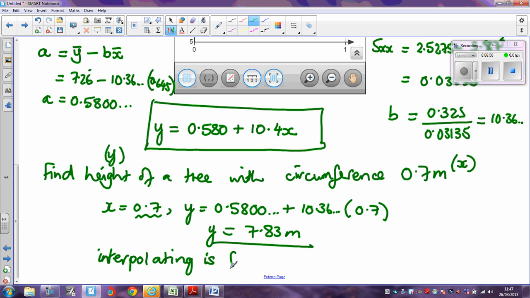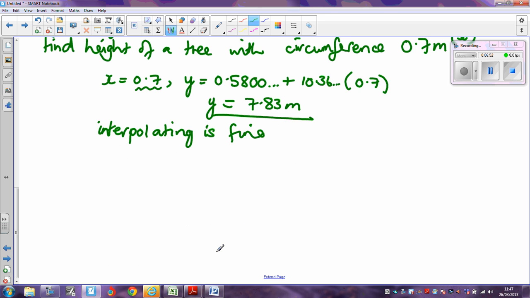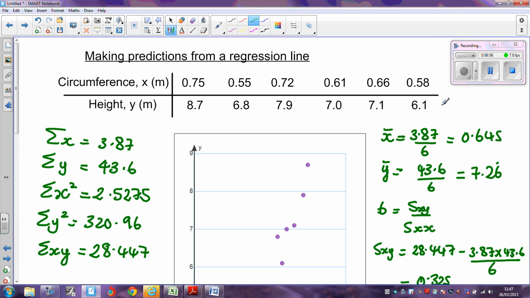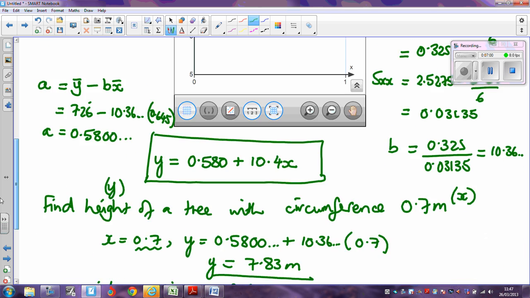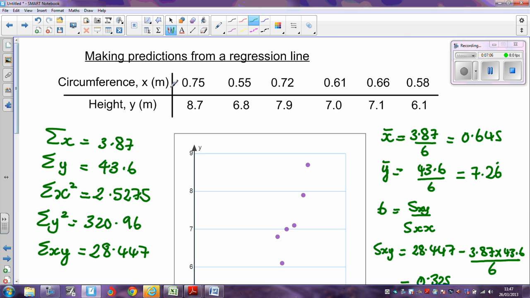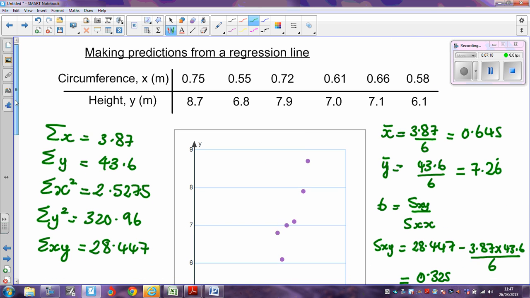Interpolating is fine. But what if the question said to you, can you find the height of a tree which has a circumference of 1 meter? In other words, they're saying x is equal to 1. Now, x equals 1 is outside the range of the available data.